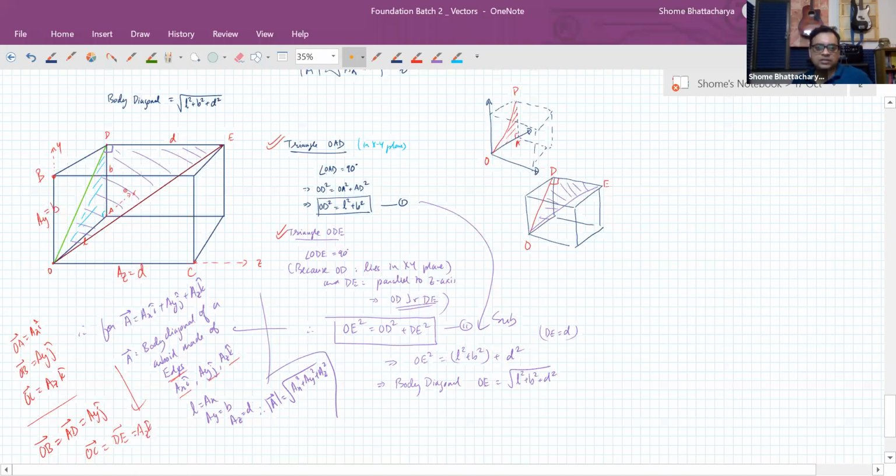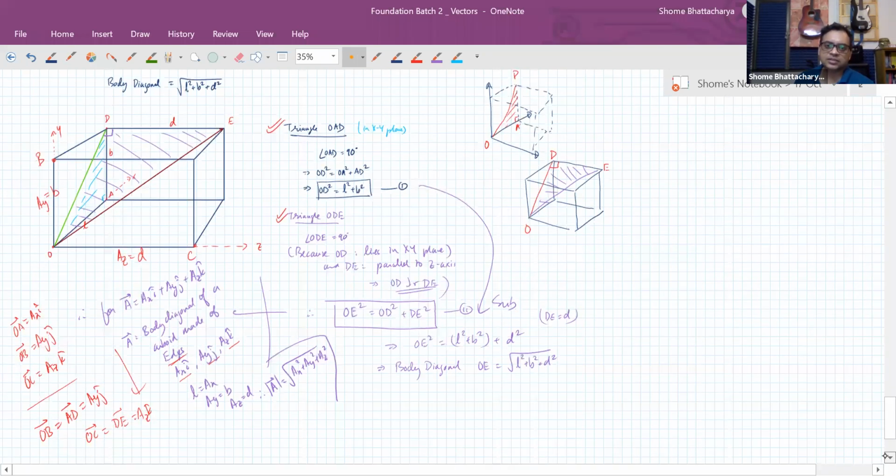So that's how we have constructed OE as the sum of ax i cap plus ay j cap plus az k cap. Is it clear, Bhargav? Okay, good.